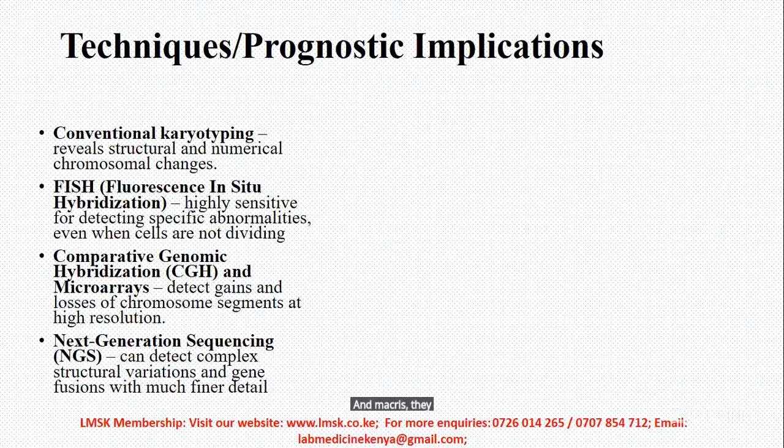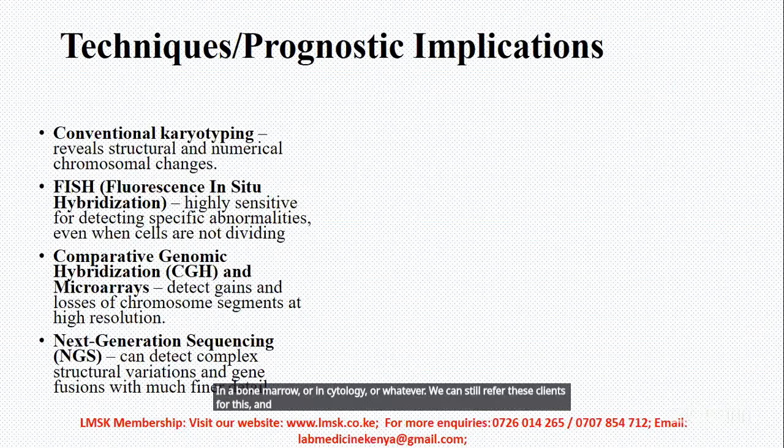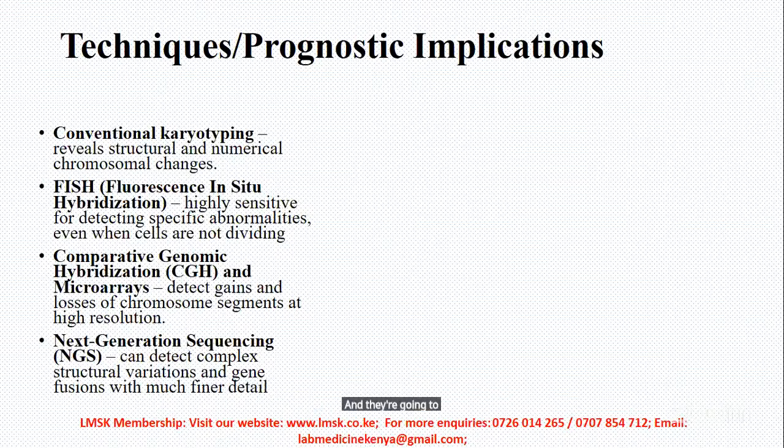They also detect gains and losses of chromosome segments at high resolution. Like after you have checked for cancer, and it's not very clear, either in a bone marrow or in cytology or whatever, we can still refer these samples for this and you'll find that they have some genetic issues and they are going to benefit from the medications that are available.